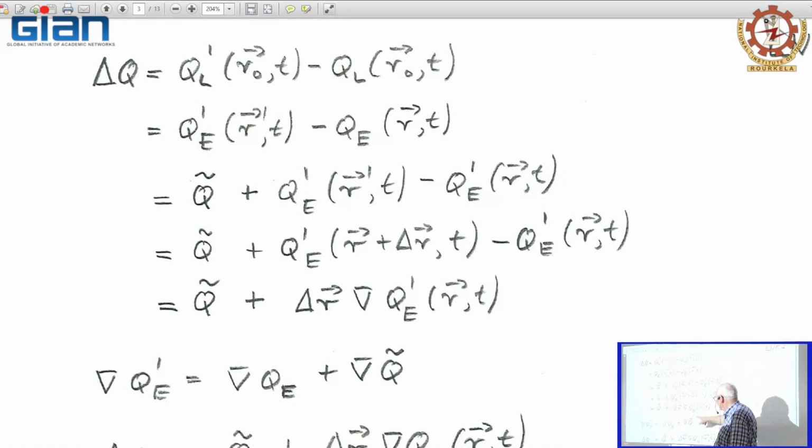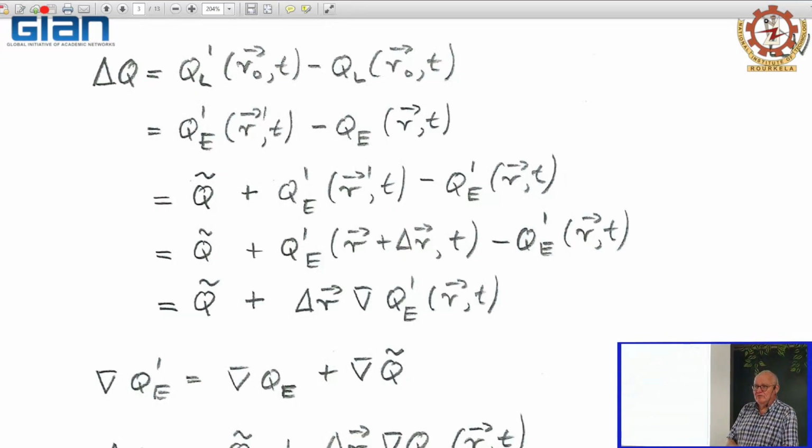Now we insert this gradient here, and we end up with some quantity. QE dash is gradient of QE plus gradient of Q tilde, but gradient Q tilde times delta R is a quantity of second order. We drop it. So we can write QE dash is simply the gradient of the quantity Q in the Eulerian sense, but for the unperturbed system. You agree?